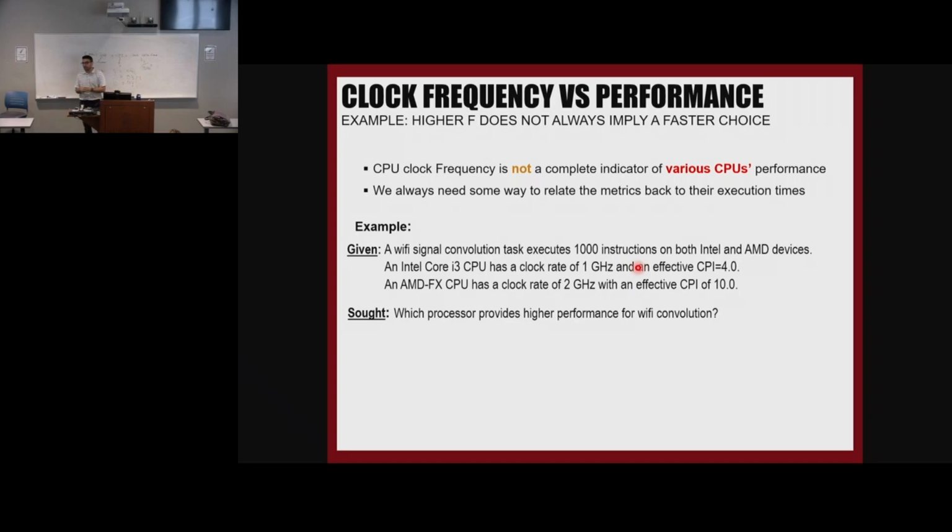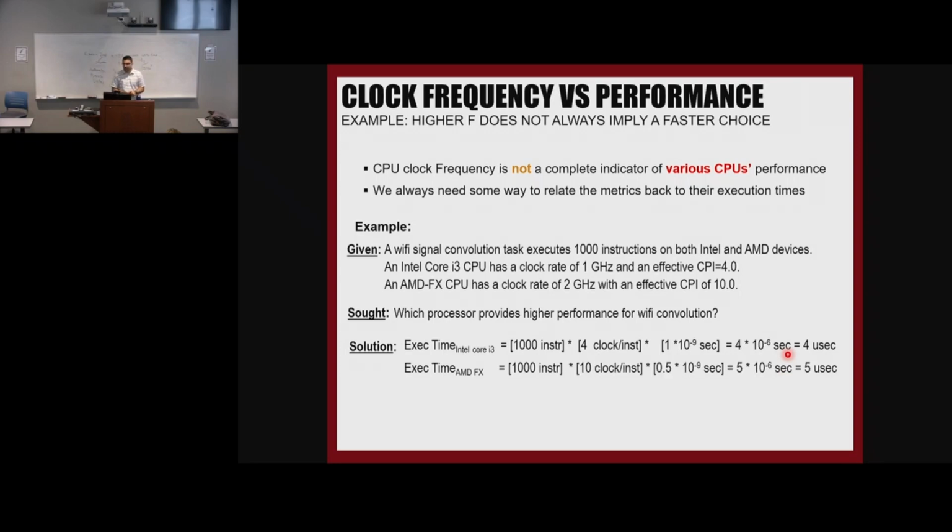They obviously have the same instructions, so we have to relate everything to execution time. If we calculate the execution time for Intel, it is 1,000 instructions multiplied by CPI multiplied by clock cycle time, which is 1 divided by clock frequency, and you get that many seconds. For AMD, you do the same thing.